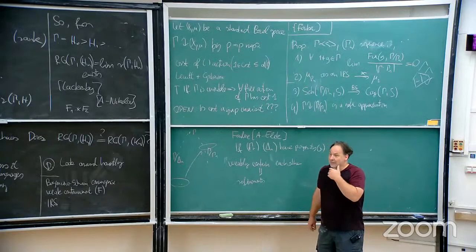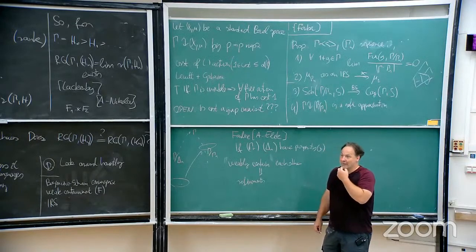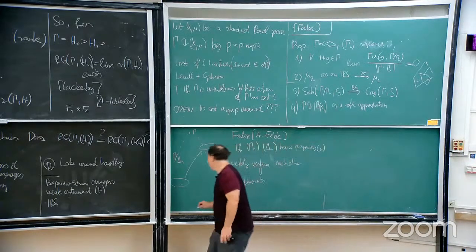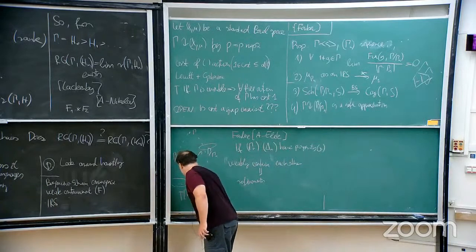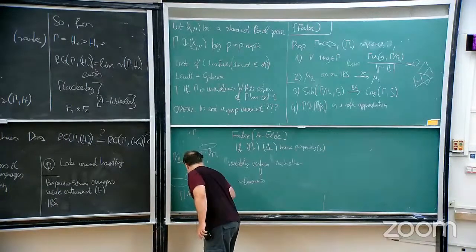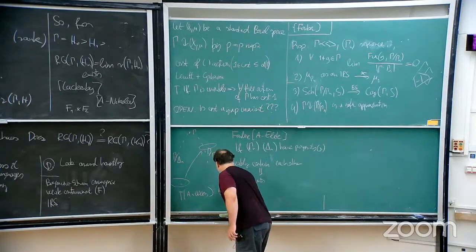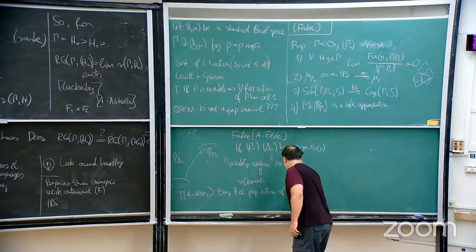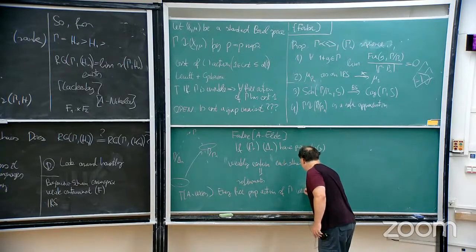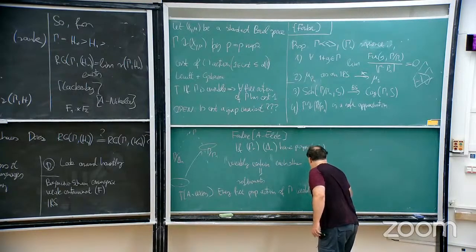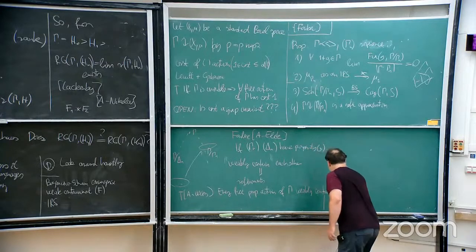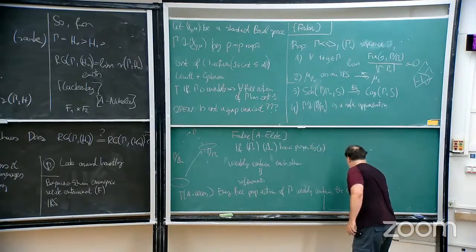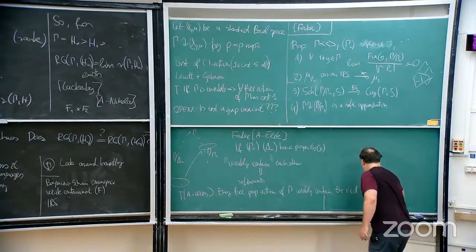And then with Benji we proved the theorem saying that every free PMP action of a countable group gamma weakly contains the IID actions, the non-trivial IID actions.